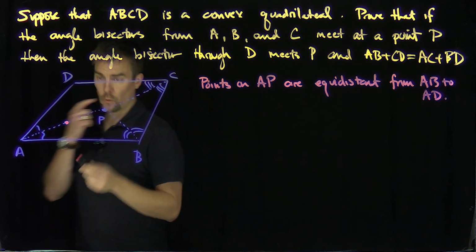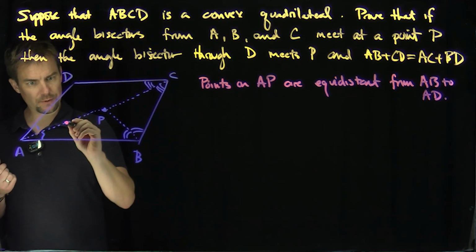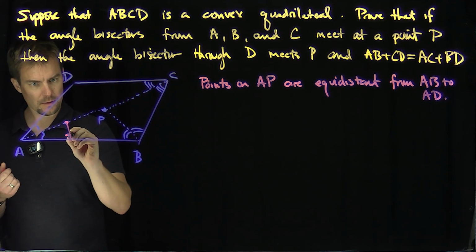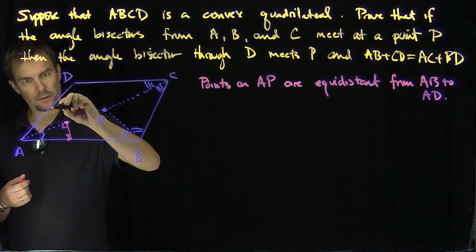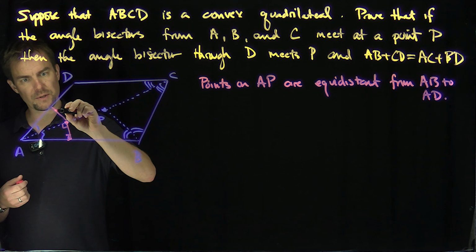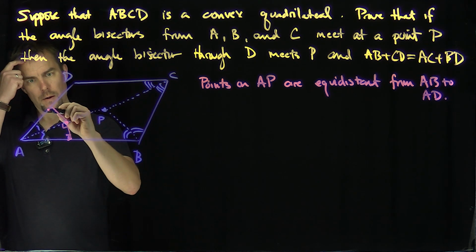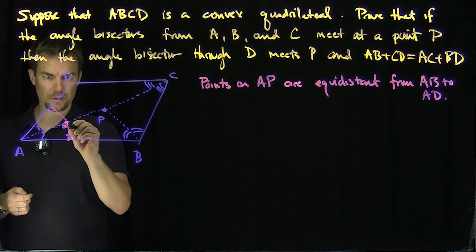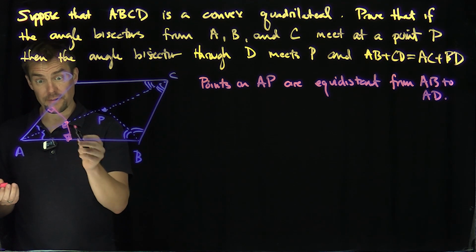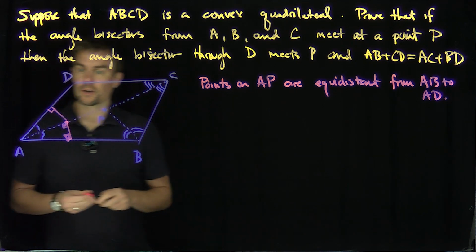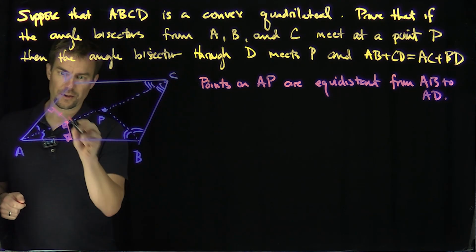Okay, what does that mean? It means the distance over here, that's perpendicular, that distance, if I draw a perpendicular over here, why do those have to be the same? Those distances have to be the same because those triangles are similar, right? In fact, they're congruent because they're right. So in other words, those distances are equal to each other, right?